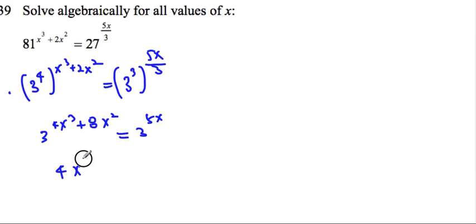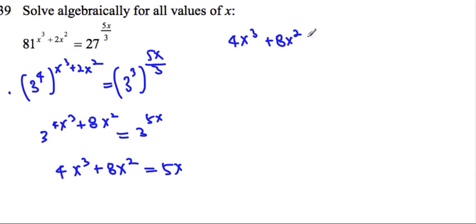So 4x cubed plus 8x squared must be equal to 5x. Then we can bring over 5x, and we end up getting 4x cubed plus 8x squared minus 5x equal to 0. Obviously, we can factor out x first. Then we get x times 4x squared plus 8x minus 5.